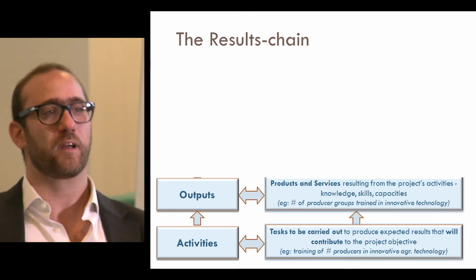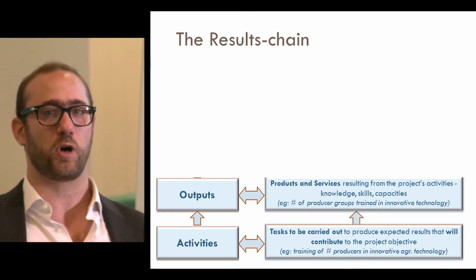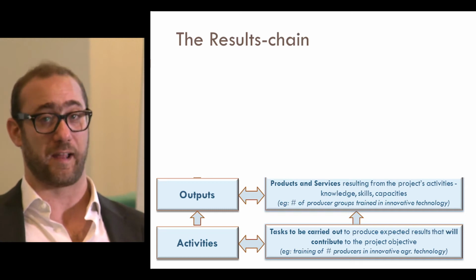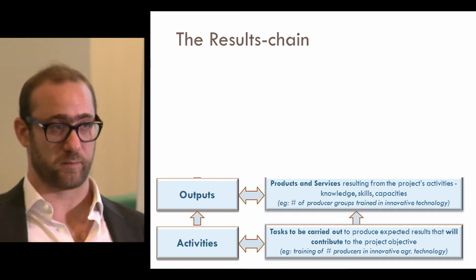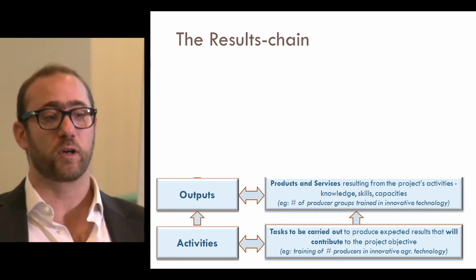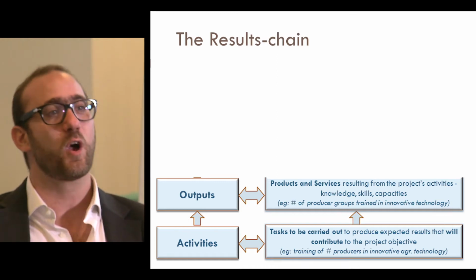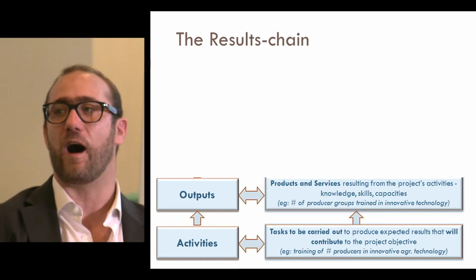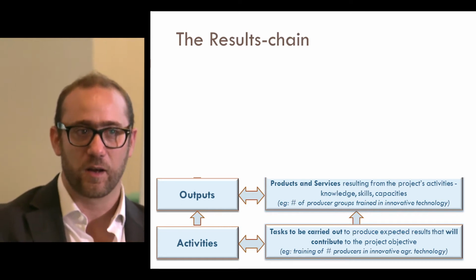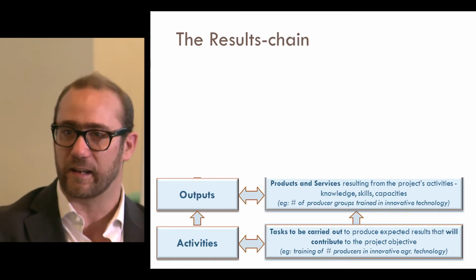If we train people, can we say that we are satisfied with our job, or should we measure something else? We should measure something else, I think we all agree, because we don't want only to know if people participated in a training, we also want to know if people are using the skills or the knowledge that they gained in the training.